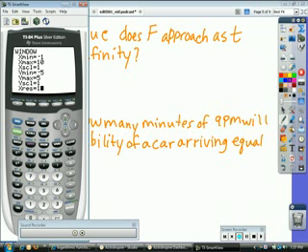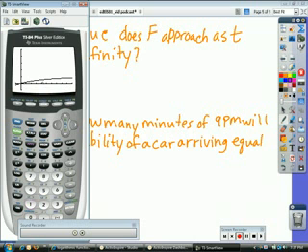Resolution, we're going to bring that to 1. Alright, negative 1, and let's look at that graph. That looks a little bit better.